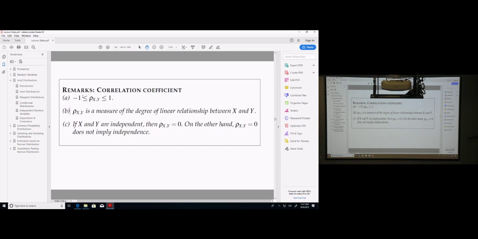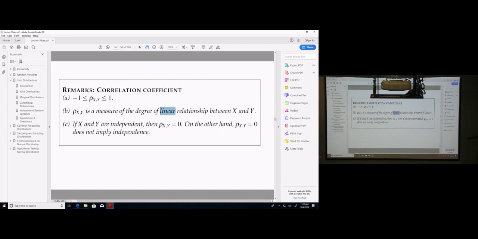So it is negatively correlated. When you increase one thing, you will suppress the other one. In our body, a lot of proteins control one another in this way. So rho xy is a measure of the linear relationship.